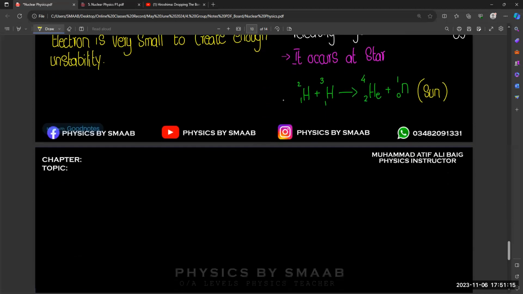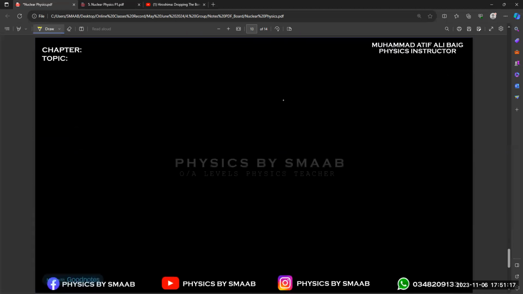And now consider the chain reaction for fission and fusion. The chain reaction for fission will look like this.